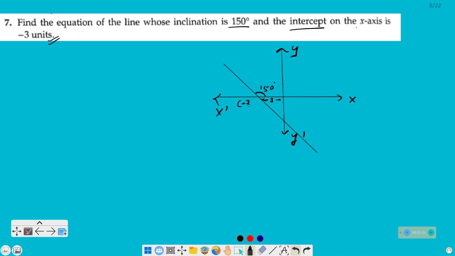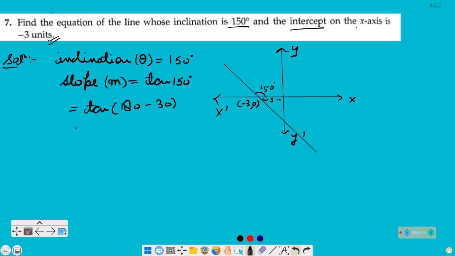Means line is passing through minus 3, 0 और आप डायरेक्ट फॉर्मूला भी अप्लाई कर सकते हैं. First of all, find a slope with the help of inclination. tan(180 minus theta) is minus tan theta. It means slope is minus 1 upon under root 3.